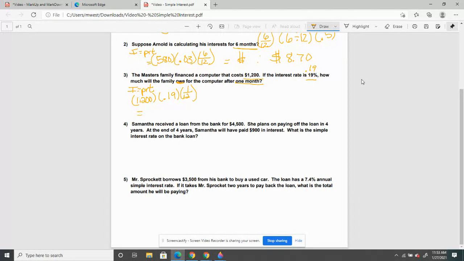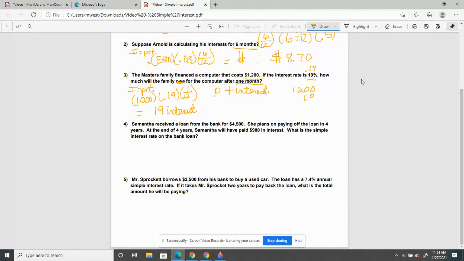And when we multiply those, we get 19. And then this is the $19. This is the interest. All right, if we want to find out how much we owe, it's the principal plus the interest. So our principal was $1,200 because that's what we started off with.